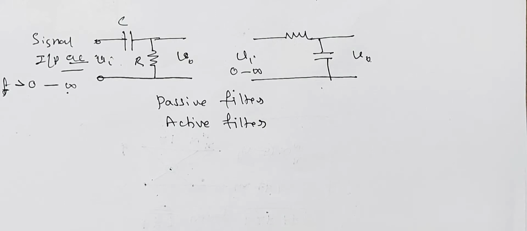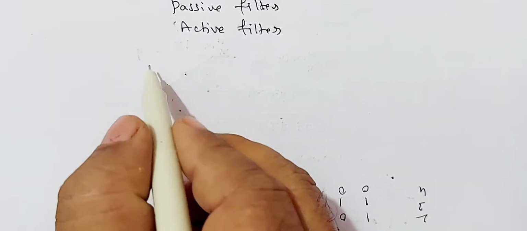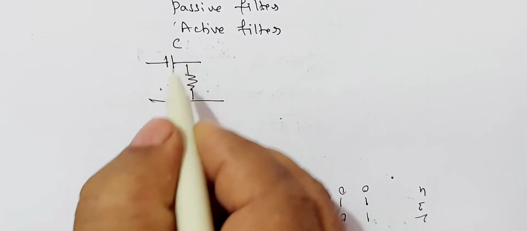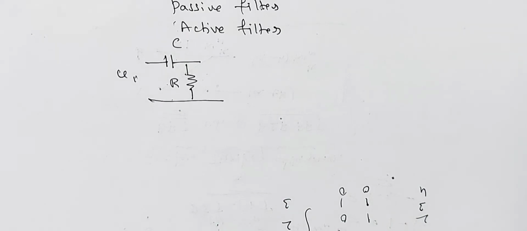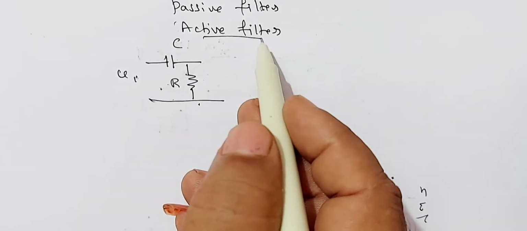So any filter circuit which is designed using only passive components such as capacitors and resistors, such a filter is called a passive filter. In some other type of filter, we use not only the passive components such as capacitor and resistor, this is our input voltage, but also we use some active devices such as transistor along with these passive components. Such a filter is called an active filter.